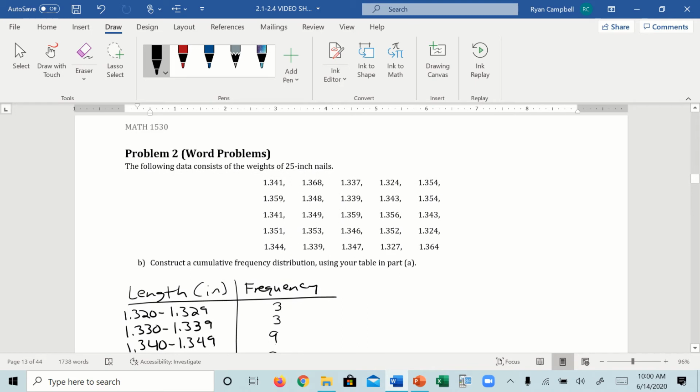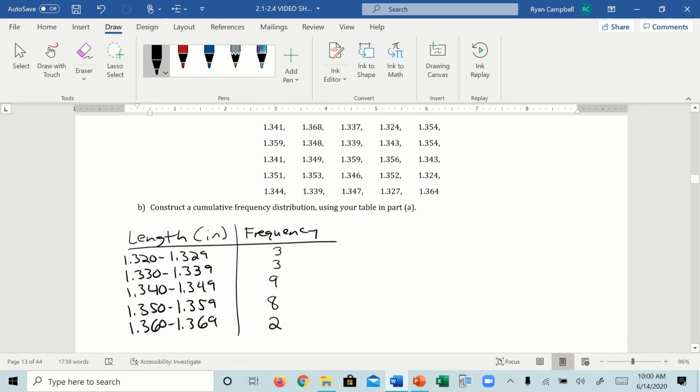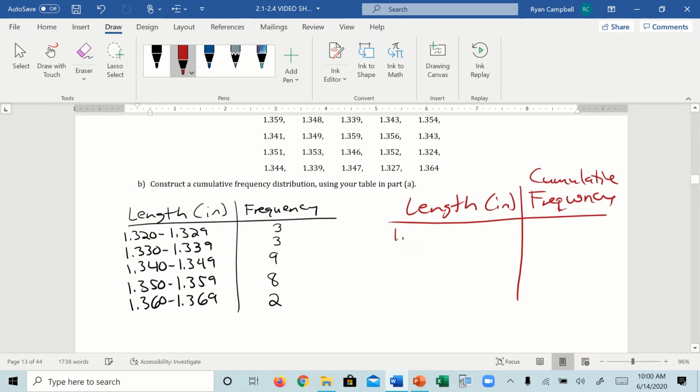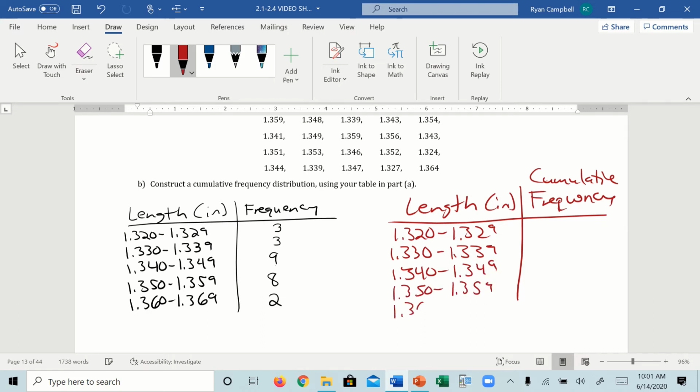For problem number 2, let's construct a cumulative frequency with this given data. Everything else will still be the same. We'll have 1.320 to 1.329, 1.330 to 1.339, 1.340 to 1.349, 1.350 to 1.359, and then 1.360 to 1.369.